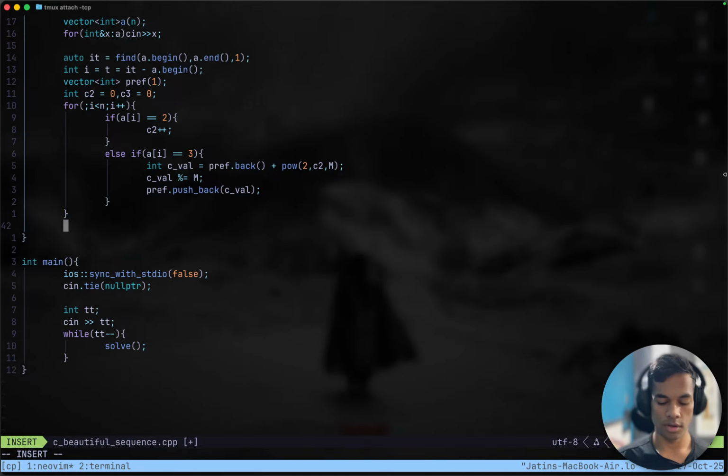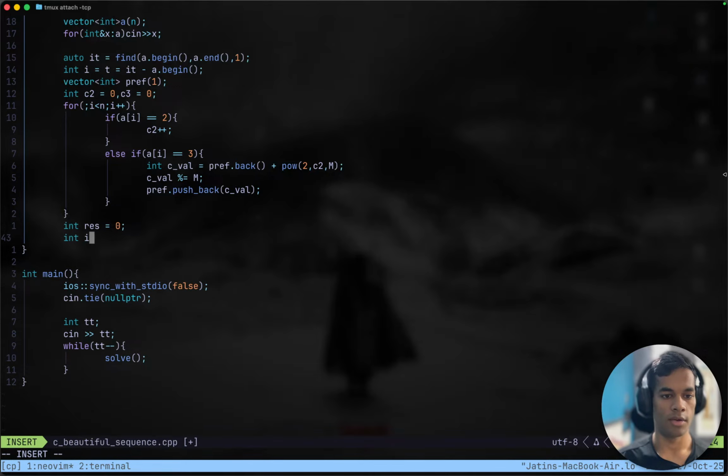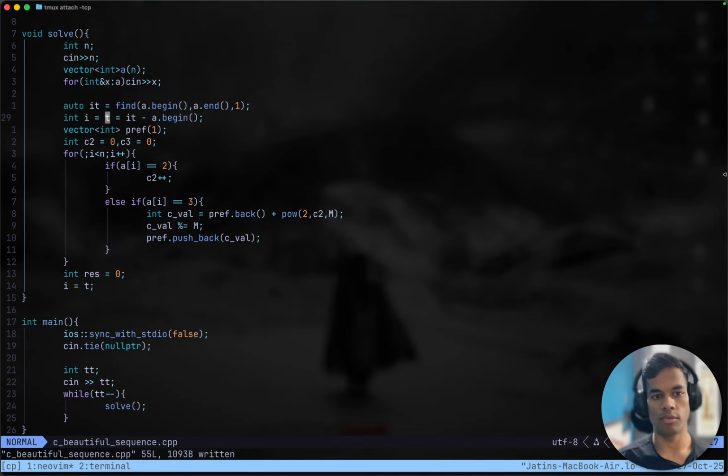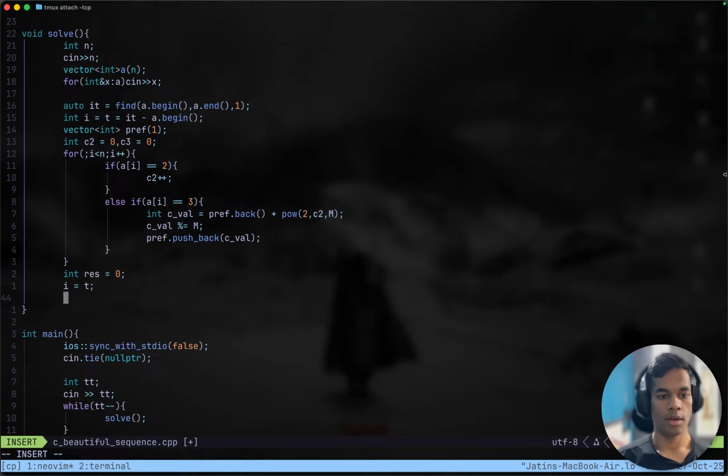Okay. After this, we have to find the answer. You will say integer response equals 0. Response equals 0 makes sense. And we'll make i equals t. T is the index of the first time that we saw a 1, makes sense.